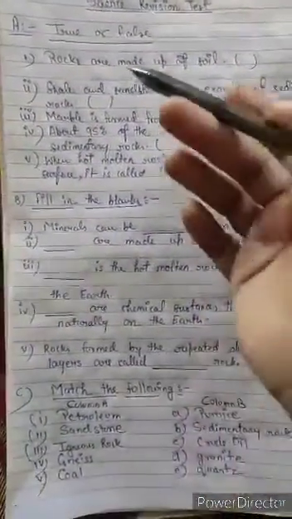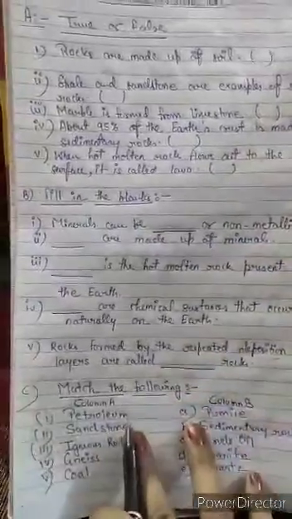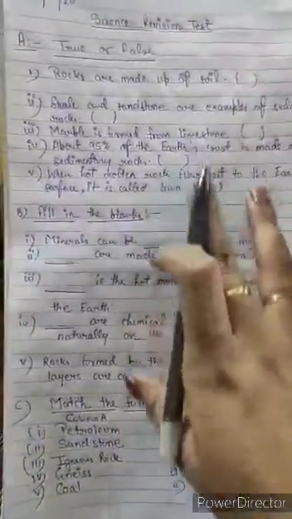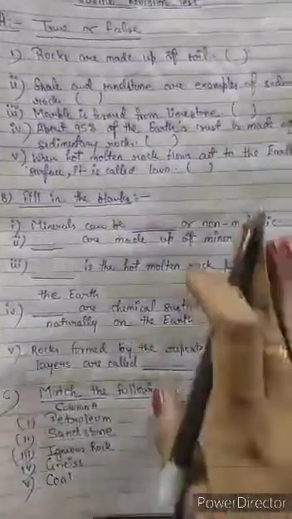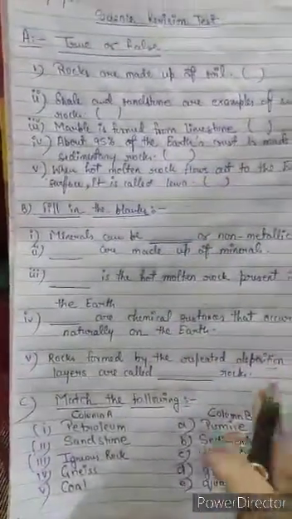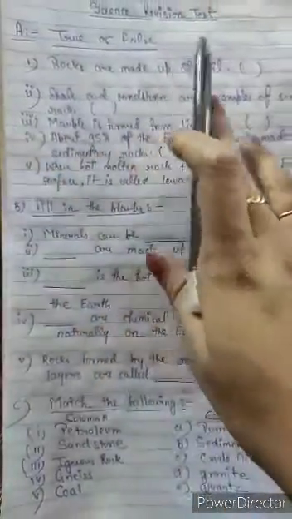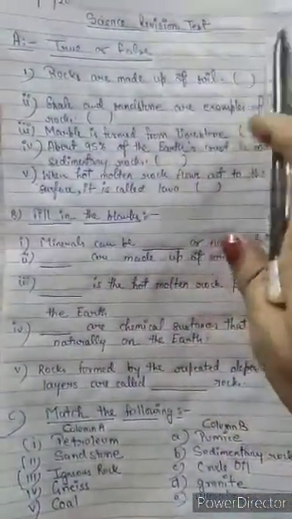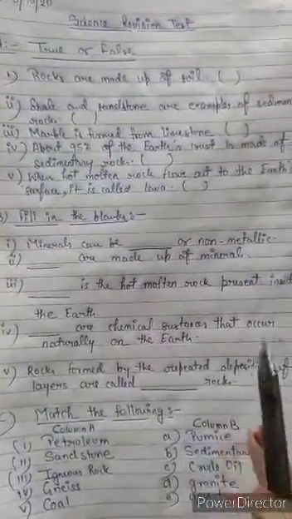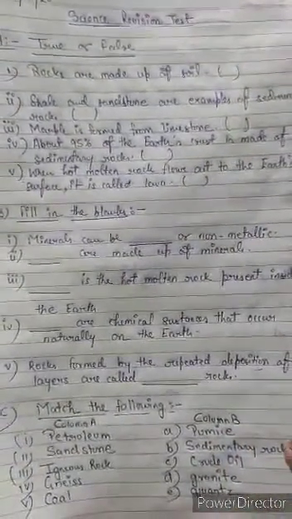This test paper is divided into three sections. As you can see over here, you have to complete this paper by 9:30. One more thing, you have to answer all the questions in complete sentences. This means you have to write the full sentence and then give the answer. I hope these things are clear to you all.